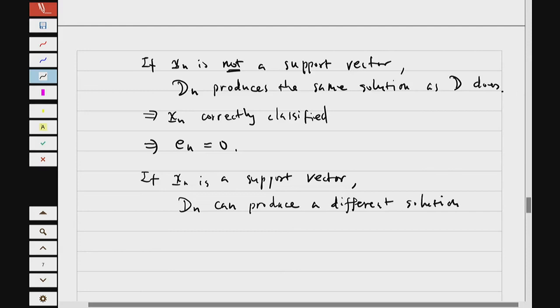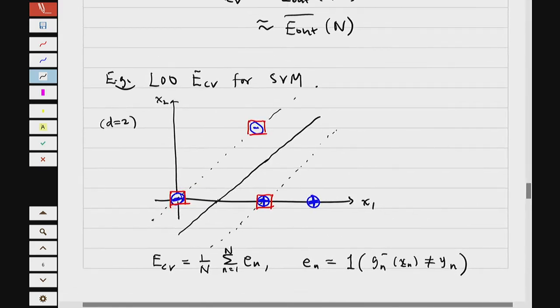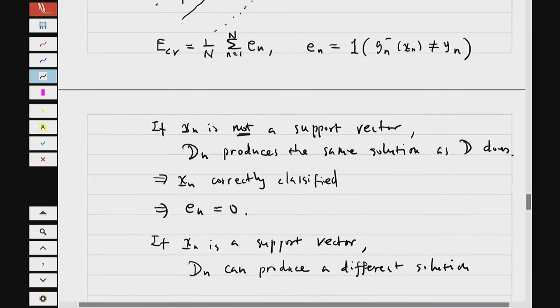And under this different solution, there's no guarantee that Xn is correctly classified anymore, right? So, for example, if you take out the middle one here, if you take out this point and retrain, your margin will be here, right? The line could have been somewhere maybe here, then this one would be misclassified. Yeah. So you don't know. Okay? There's no guarantee anymore.